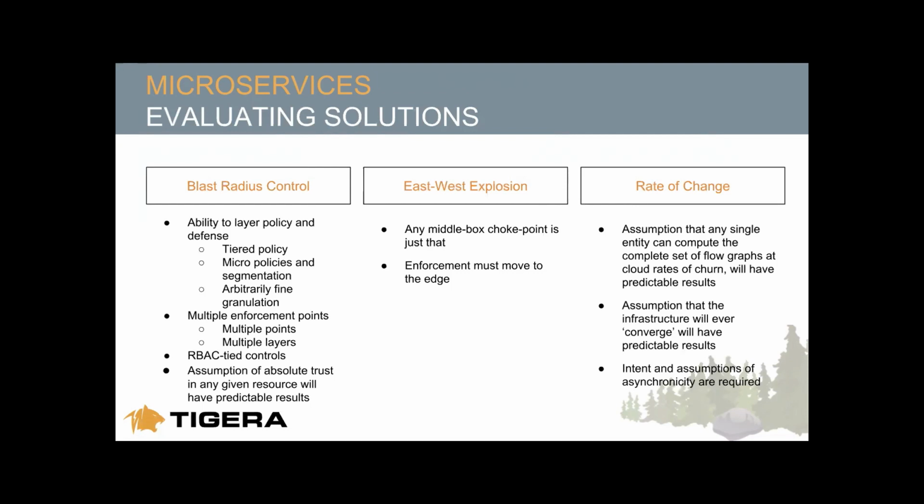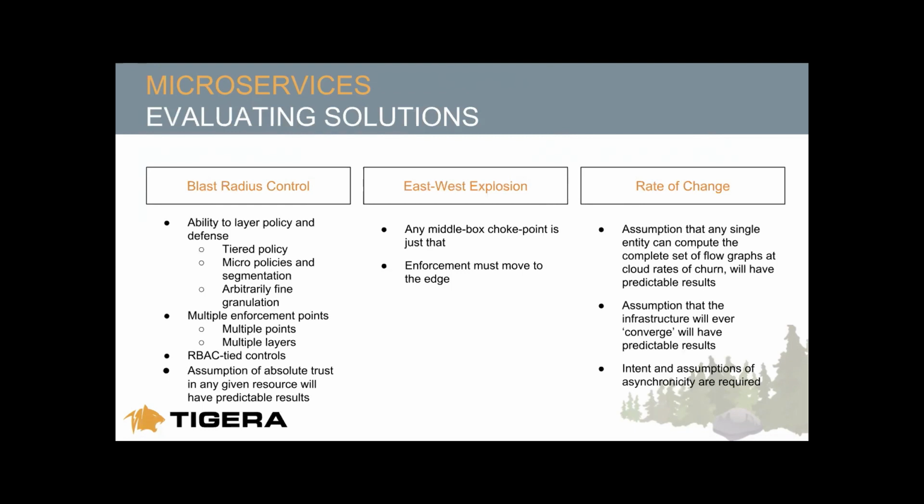If 90% of my traffic is east-west, and in a given cluster I have, say, 1,000 servers, and each of those servers has, say, a 50 gig interface, all of a sudden you've got 50,000 gig worth of traffic potentially going east-west. You can do the math on how many middle box firewalls you'll need to handle that, and they'll need to be put everywhere those interconnections happen. So this becomes a problem.